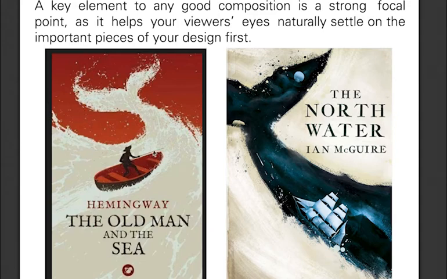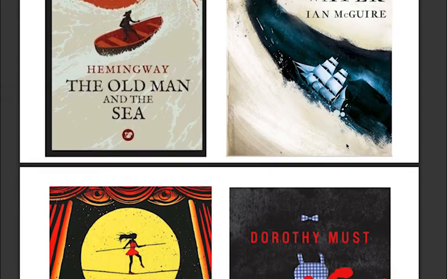So the flow is not as natural because of the jump that occurs up here. Still pretty nicely done. Here the focus is right here on the vessel, and it is a beautiful flow, because you want to move up to look at that beautiful moon and then down onto the text.